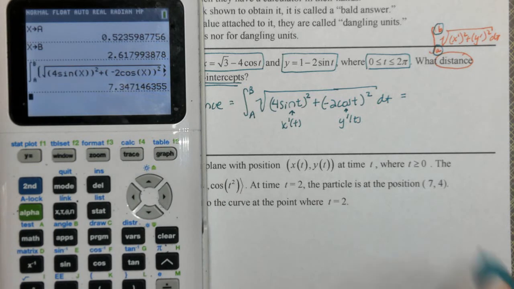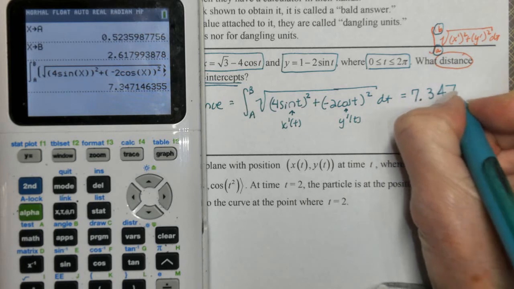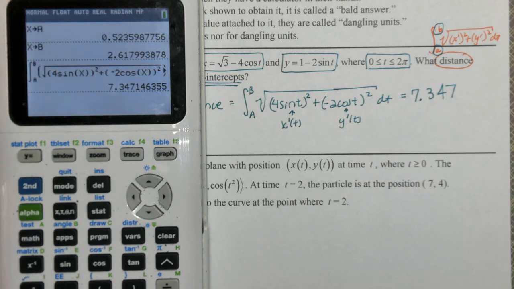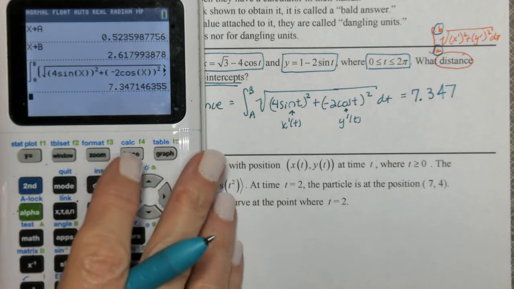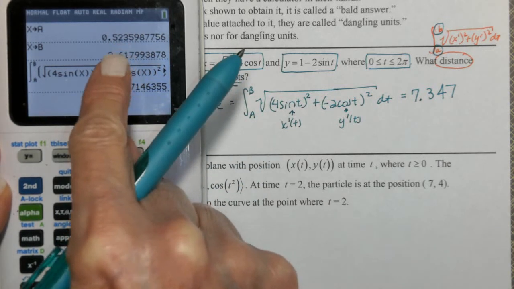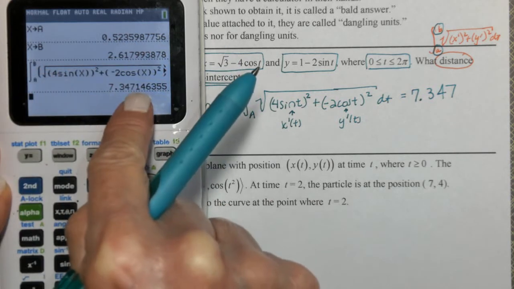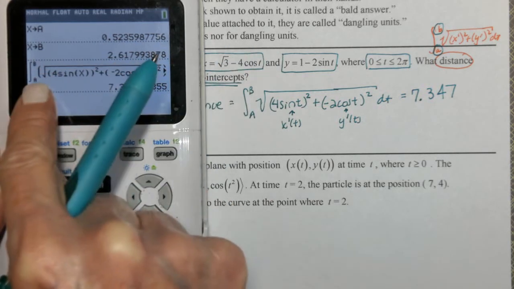So I got that this particle travels a distance of 7.347, and now we only need to give those last 3 places, and we're done. So you guys, do not round these 2 times. Do not round until you're at the very, very end. Use the entire number here.